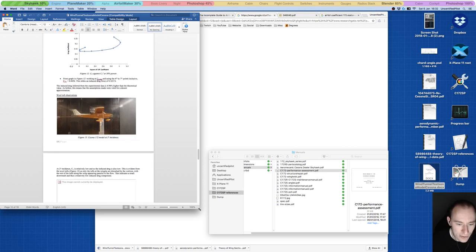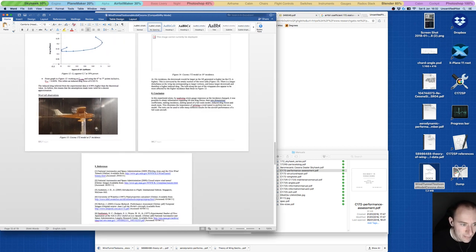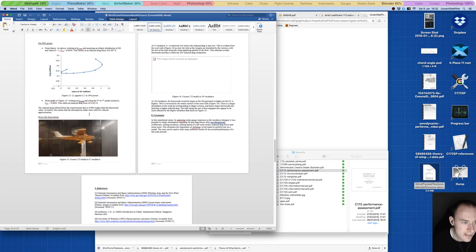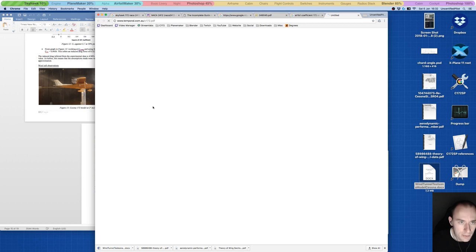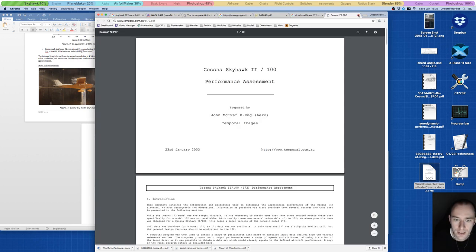Wow, this is cool though, these wind tunnel kind of experiments. References. This is the one that we've also been looking at, the performance chart. Yeah, so this is a good one.